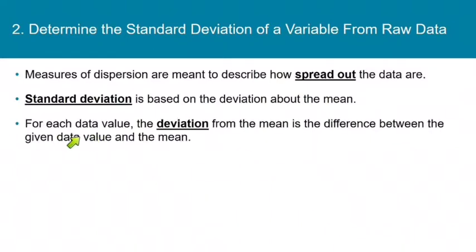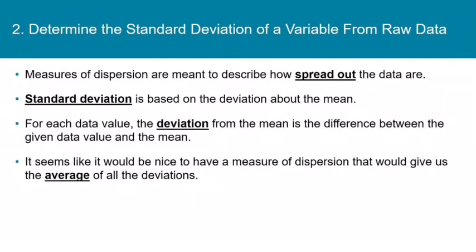Well, for each data value, the deviation from the mean is the difference between the given data value and the mean. Now it seems like, if you think about it, that it would be nice to have a measure of dispersion that would give us the average of all the deviations, and that way we would have an idea of what a typical deviation is.